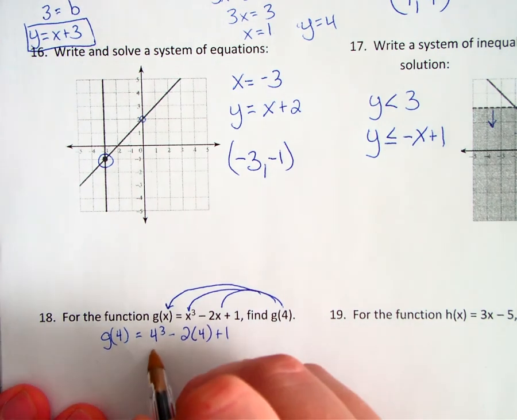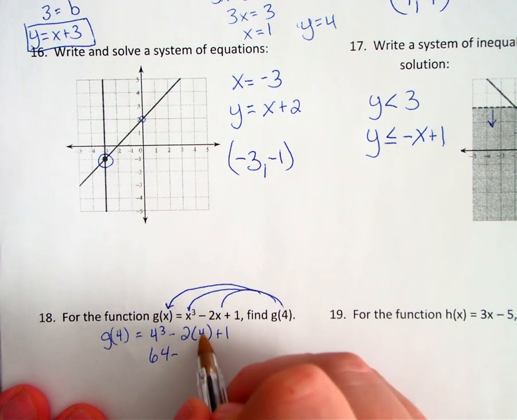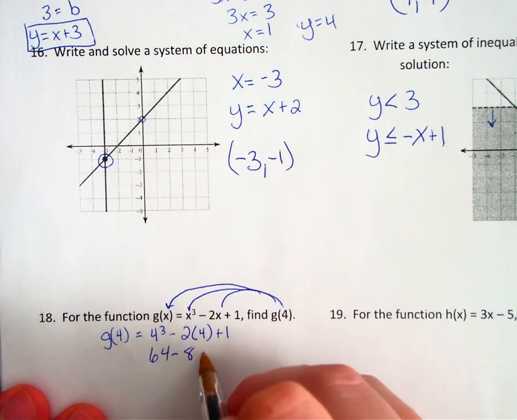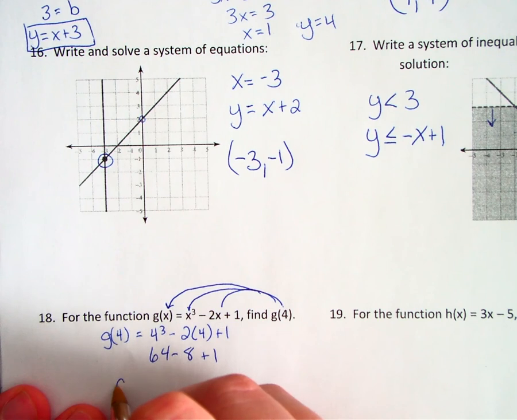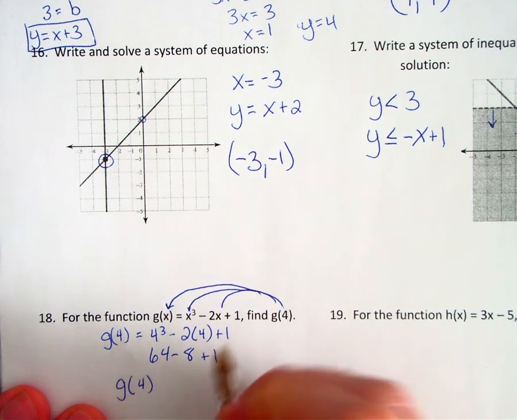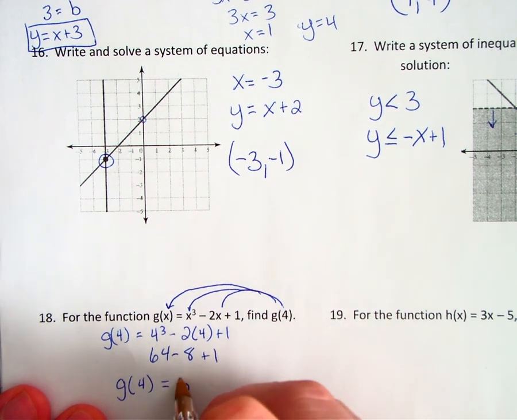Now 4 cubed gives us 64. 4 times 2 is 8 plus 1. So 64 minus 8 plus 1, our g of 4 value is equal to 57.